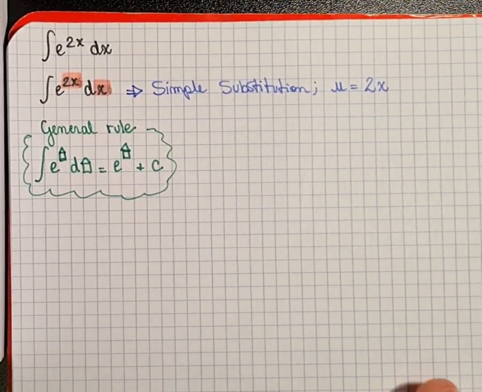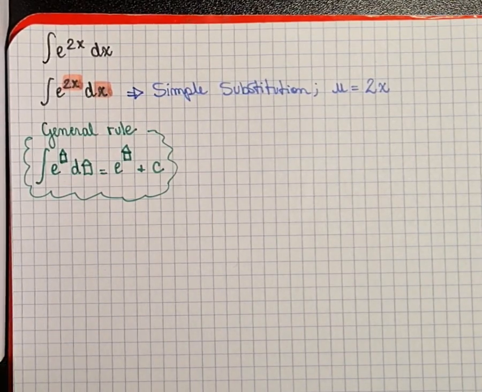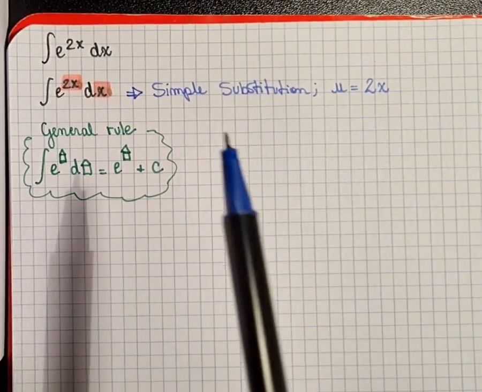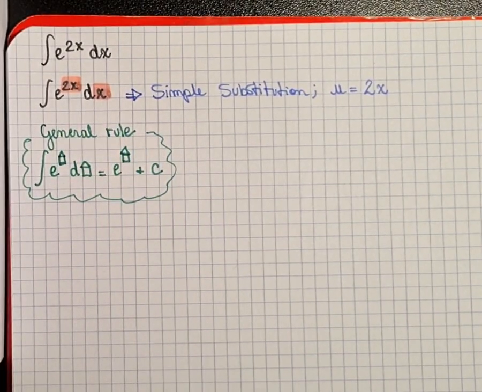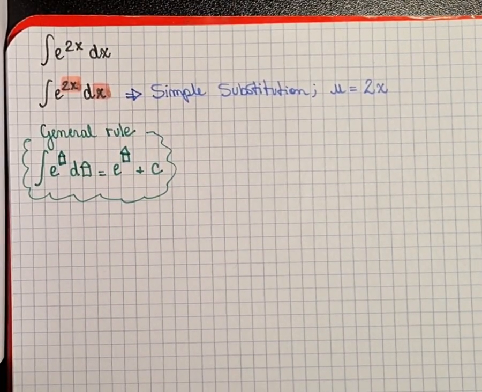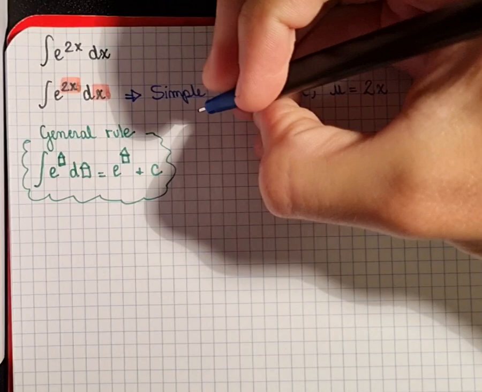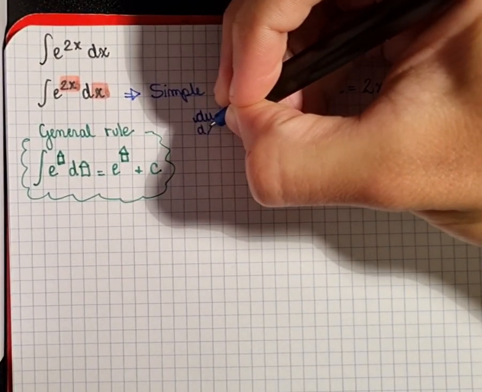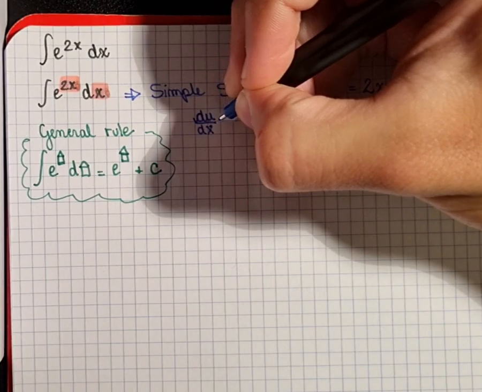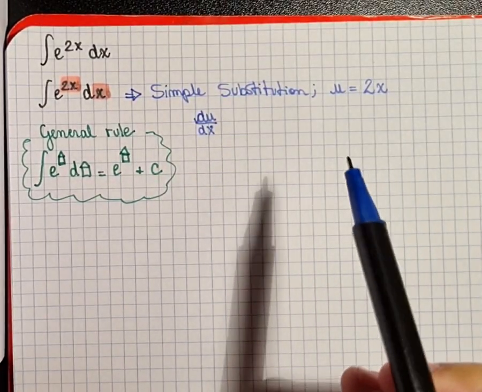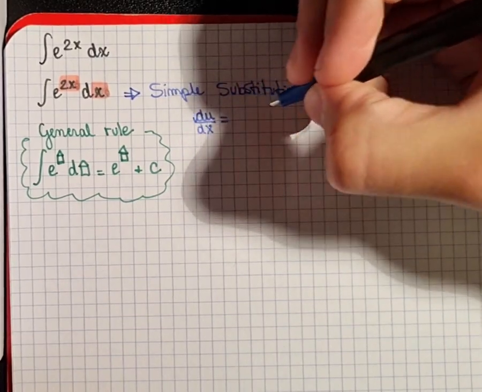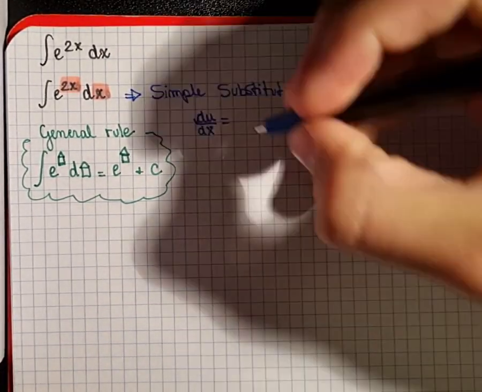Now, we started well, but we still need to adapt this thing here. We need to place dx also as a function of u. So we know that du/dx, which is nothing more and nothing less than the derivative of 2x, is equal to 2.